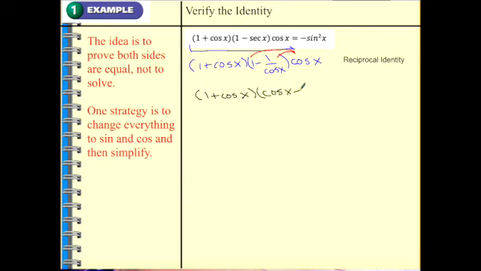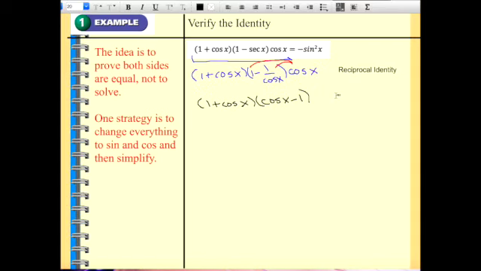And if I multiply the cosine of x times 1 divided by the cosine of x, my cosines will cancel out, leading me to 1. So my justification for this step is the distributive property.